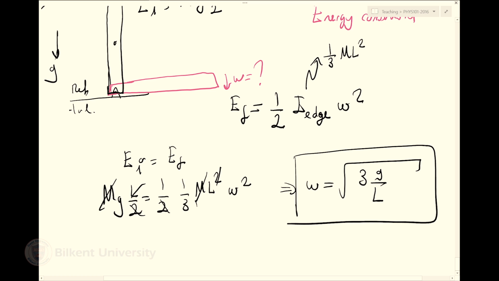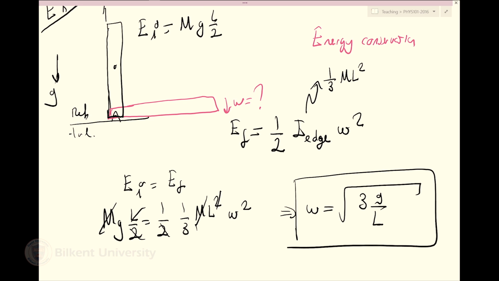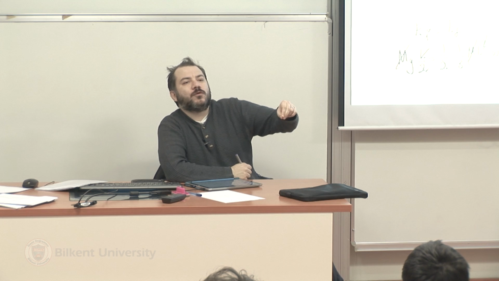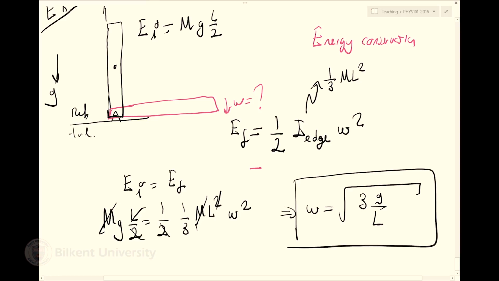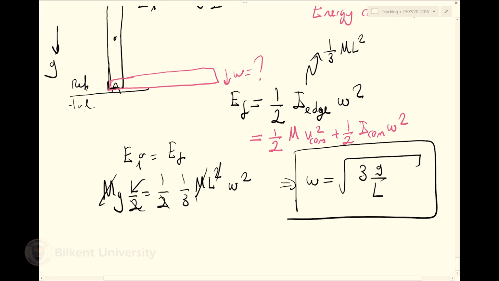Let me write it in another way. I told you that this works if I'm sure that one point does not move. And here I'm sure that the edge does not move because it's pinned there by a nail. Now, what if I actually write it in another way? The formula which is always correct is 1/2 m times v center of mass square plus 1/2 I center of mass times omega square.